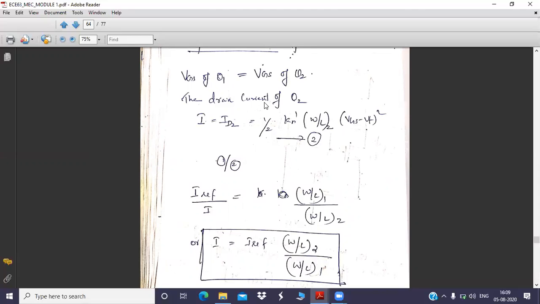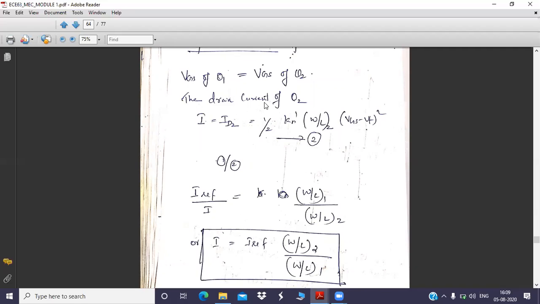So Kn dash is cancelling, VGS minus VT is cancelling. The only remaining term is W by L1. 1 as subscript means it is for Q1, and 2 means that ratio is for Q2.